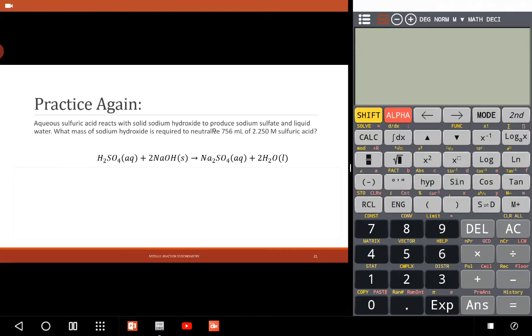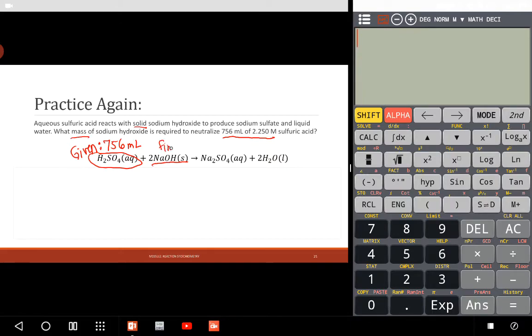Okay, so let's go over this. So I know that this is an acid-base neutralization reaction, and I'm given amounts of this. And so I'm going to be starting with the 756 milliliters. And then I need to find the amount of that. This is a solid, and it's asking for a mass.